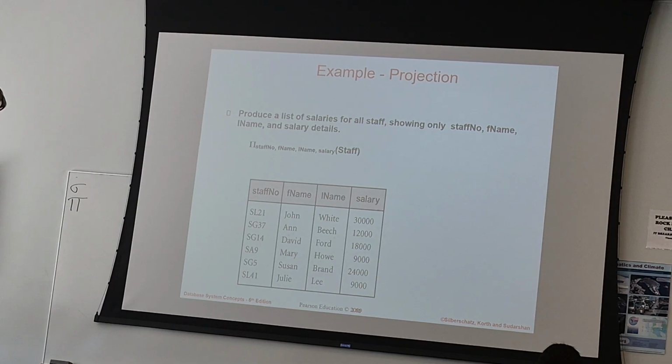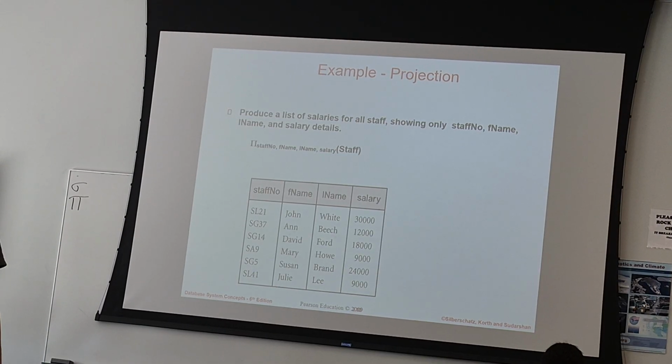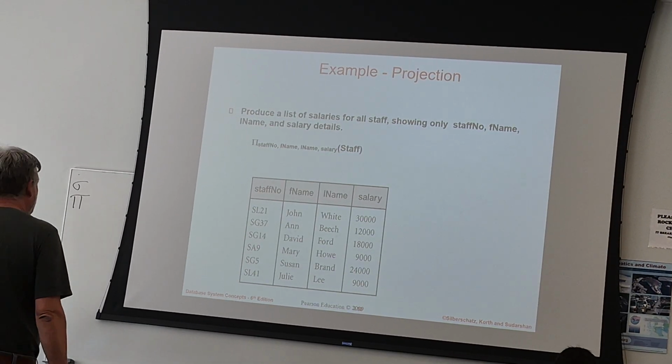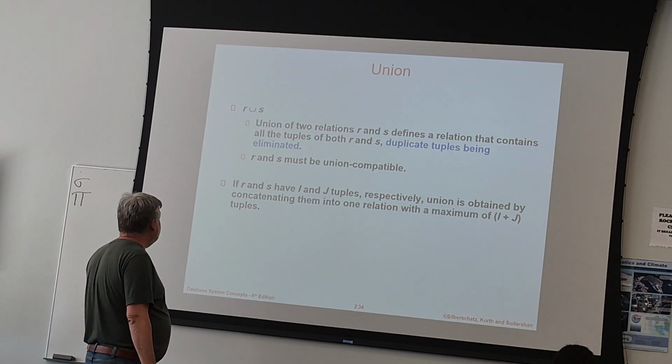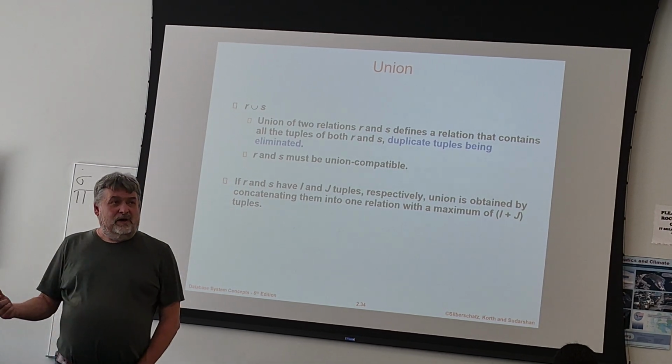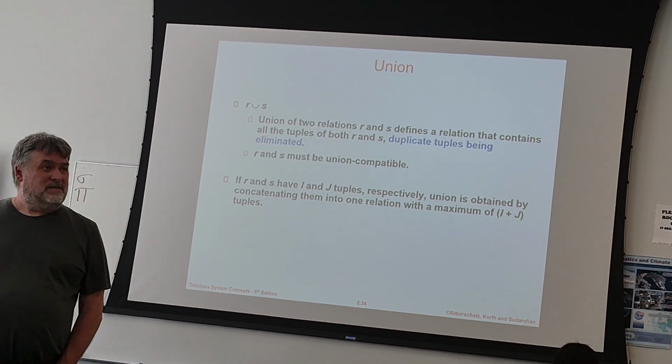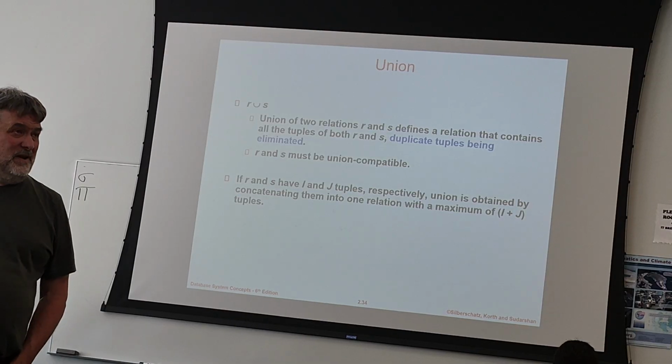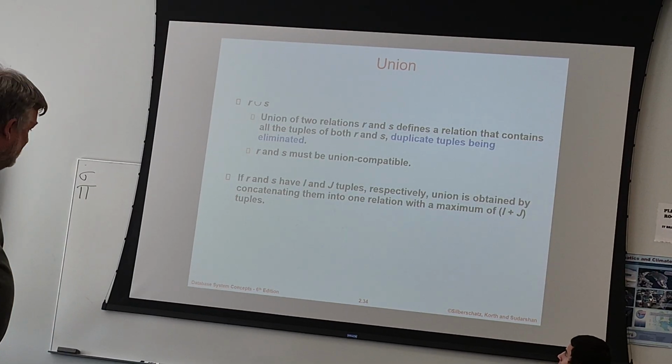The second of the 5 basic, fundamental relational algebra operations. All right, union. For union, you've probably actually talked about union in your intermediate algebra and your high school algebra courses.